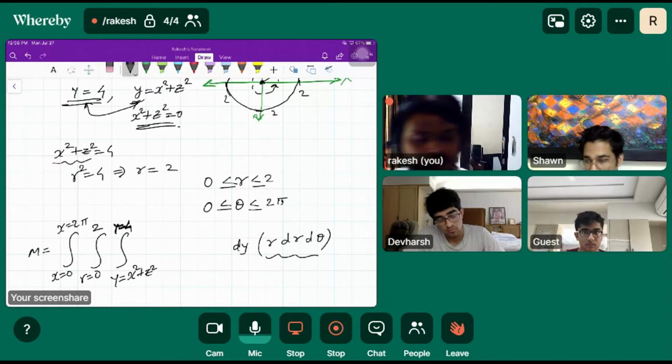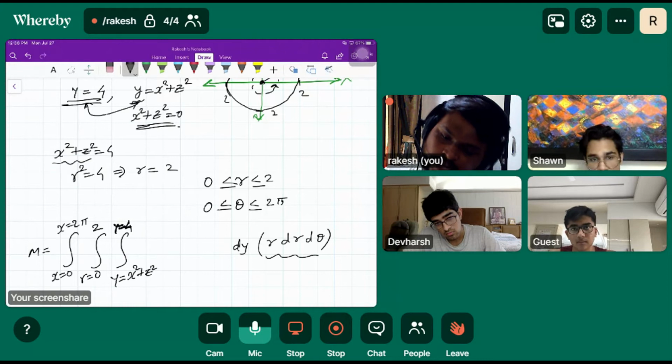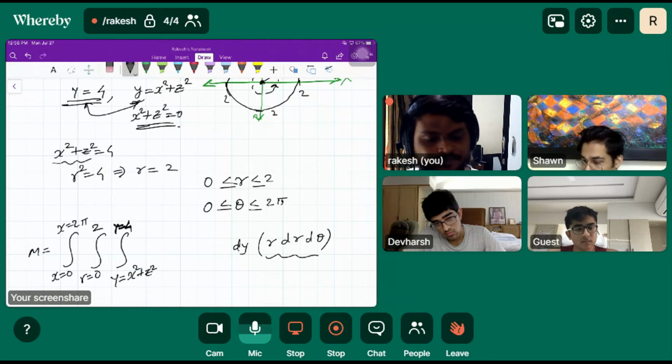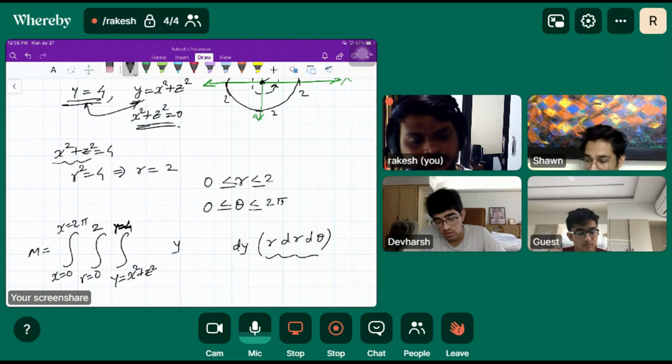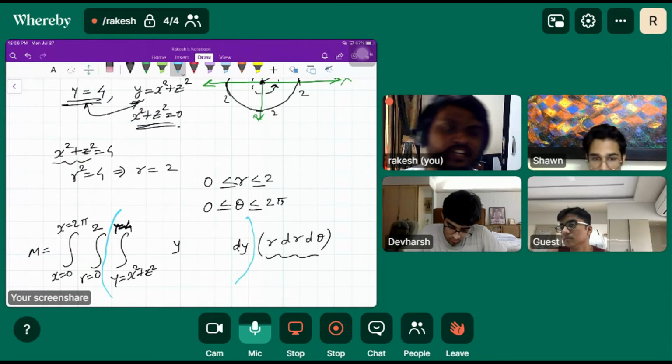Now, what is the mass density function here? It's just y. So this is the inner integral.